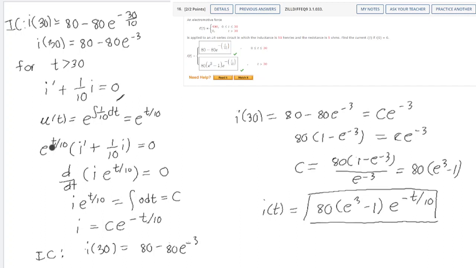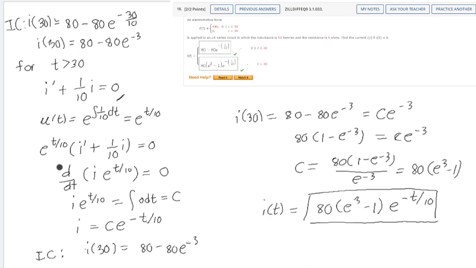That's why we have e to the t over 10 times I prime plus 1 over 10 I is equal to 0, since 0 multiplied by any expression is still 0. Now, this form is just the same as this form. That's why we arrive at this form, because the derivative with respect to t of I e to the t over 10 is just the expression here on the left side of our equation.